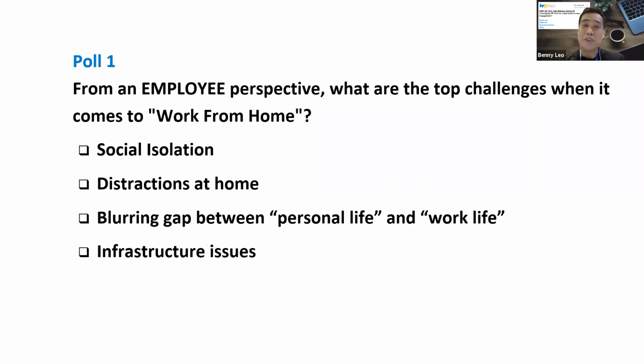Is it social isolation, meaning that you don't get to see people? Distraction at home, meaning there's a lot of noise and everything. A gap between personal life and work life because you can't really differentiate. Or is it an infrastructure issue like no Wi-Fi and stuff like that? So go ahead, let us know. What is your vote? You can start voting now.